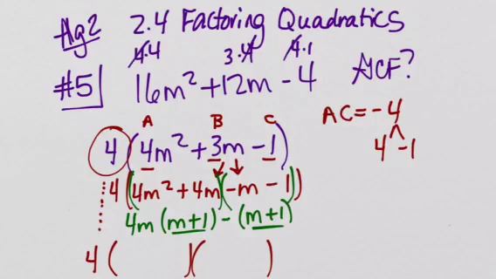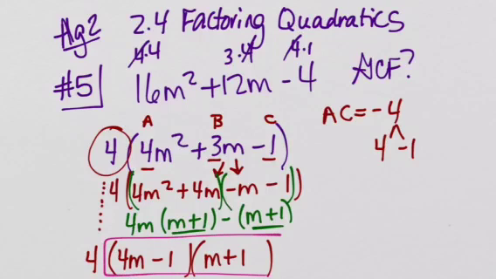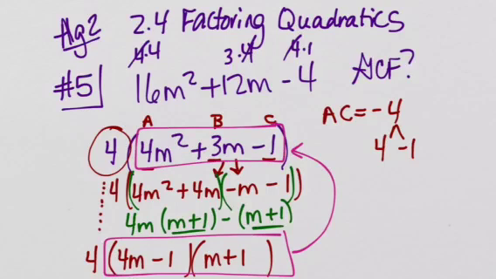So what does that mean? It means that there was a 4m distributed to m plus 1, and it means that there was a negative 1 distributed to the m plus 1. Everything here in this pink box is the same as everything here in this pink box.